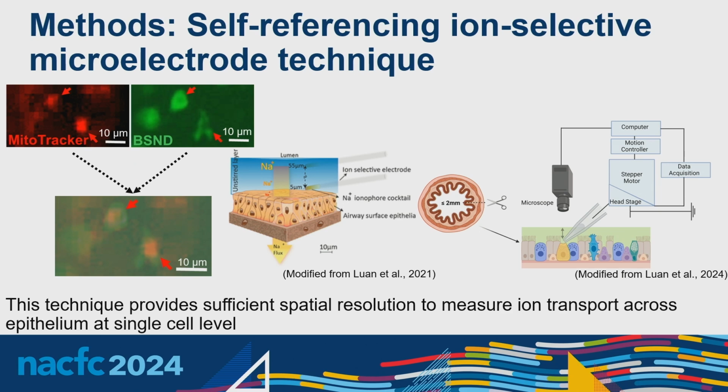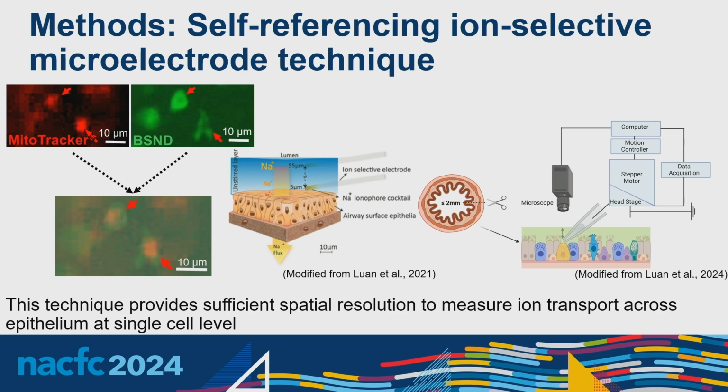We use MitoTracker to label pulmonary ionocytes, since pulmonary ionocytes are known to be mitochondria-rich. So we incubate the native tissue with MitoTracker, and then we find the brightest MitoTracker-labeled cell in the native distal airway tissue.